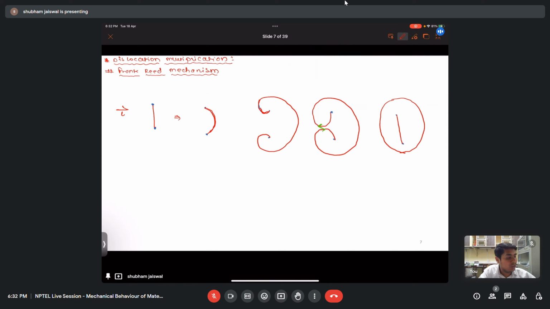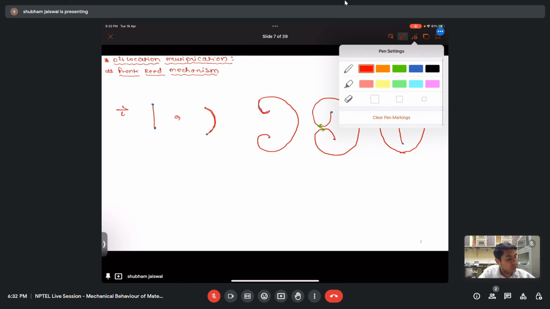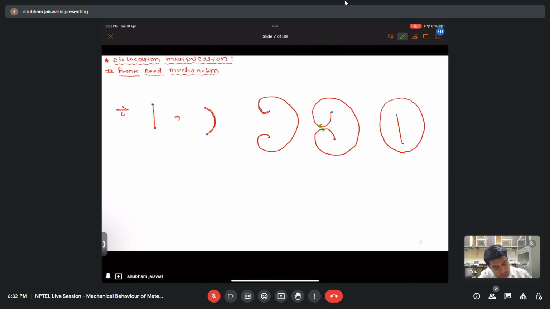So this is how dislocations are generated. In this case, as we increase the stress, the density of the dislocations is increasing. We have seen this in one video with animation: as we increase the stress, the number of dislocations increases, which means the dislocation density increases.